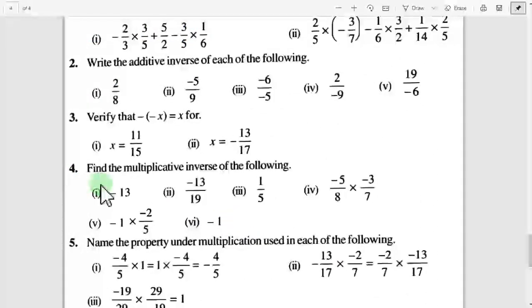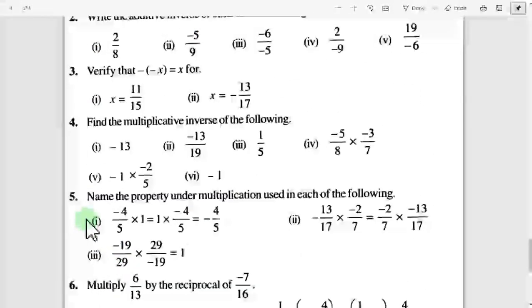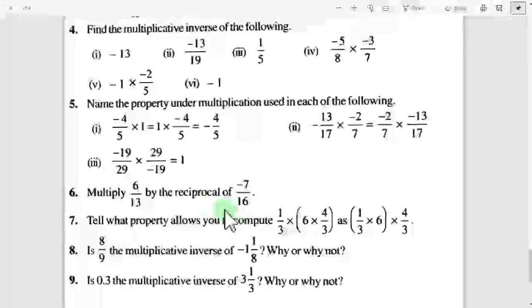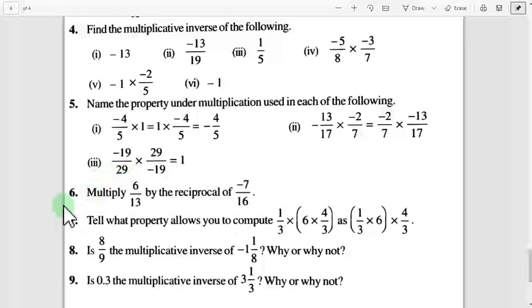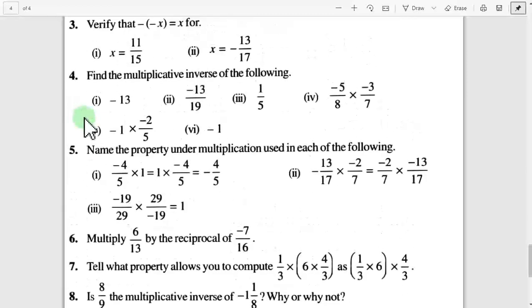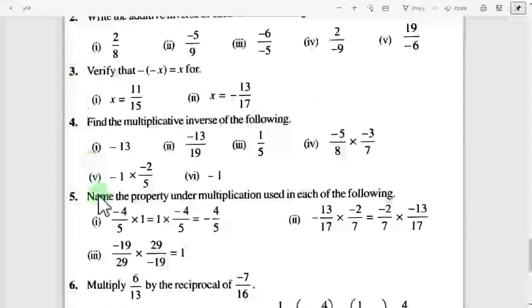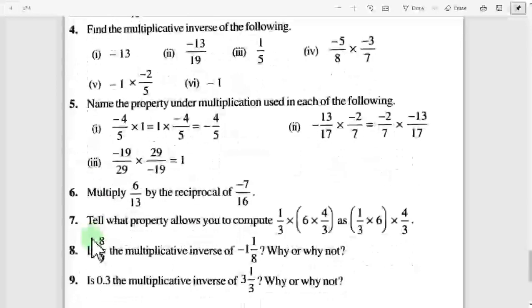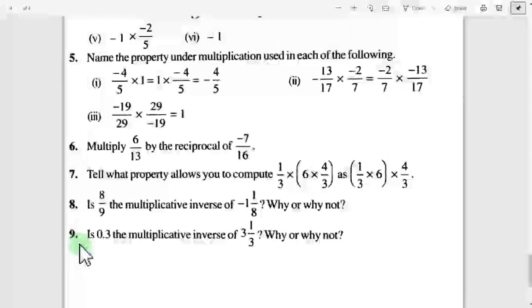Fourth sum you have done in the last class. Now the fifth sum: third and fifth are today's homework. Sixth sum I have done, similar sums. So today's homework is third, fifth, sixth, seventh, eighth and ninth.